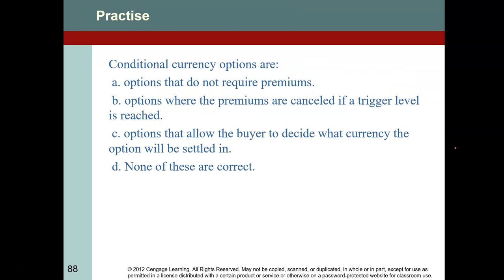Okay, let's look at a practice problem here. Conditional currency options are, okay, we've already seen the answer, options where the premiums are canceled if a trigger level is reached.